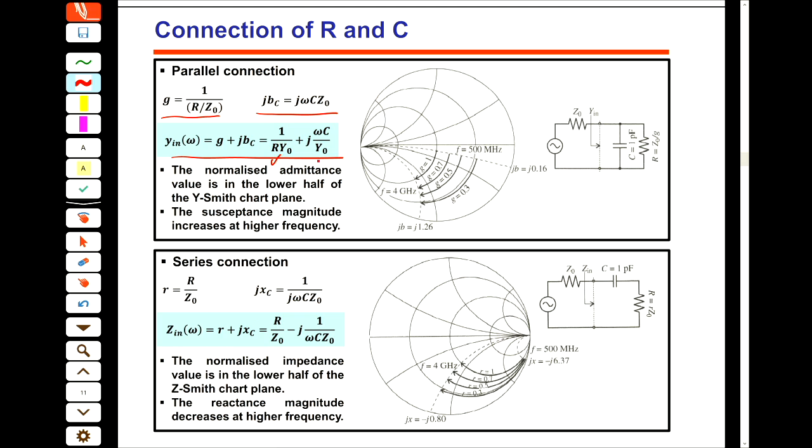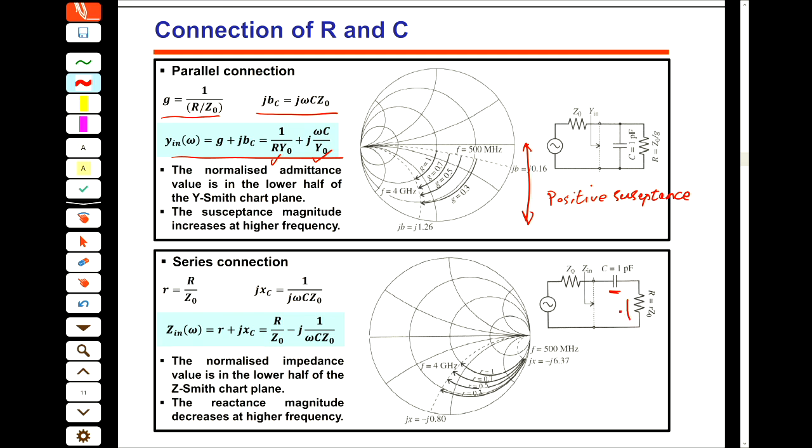You see that we have a conductance and a positive susceptance, so it is happening in this region, and this region is positive susceptance.